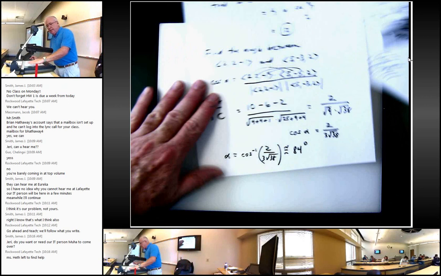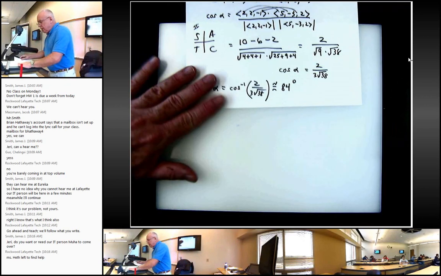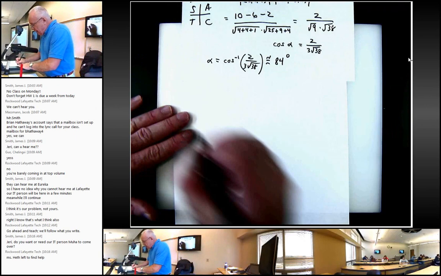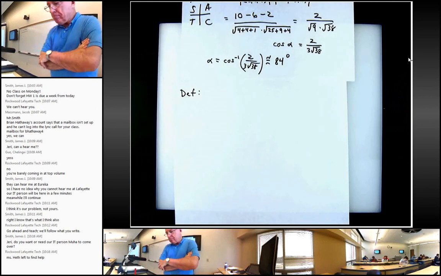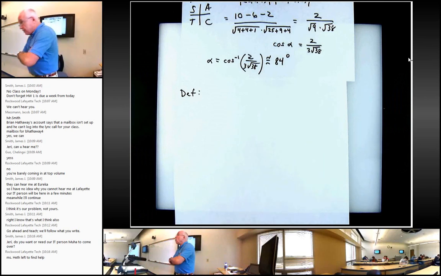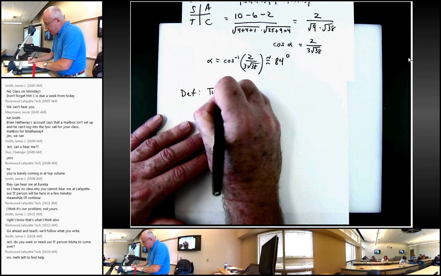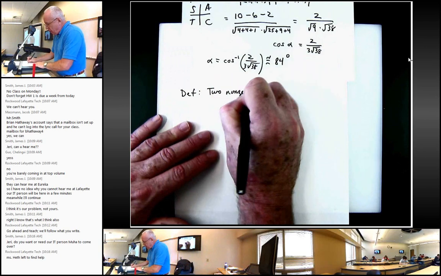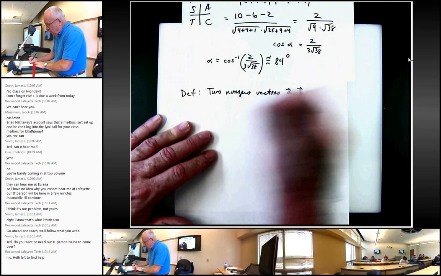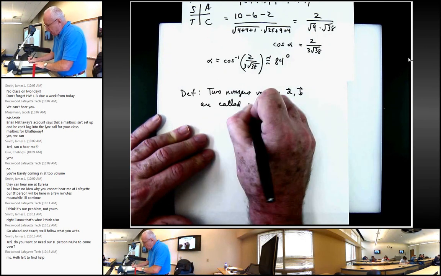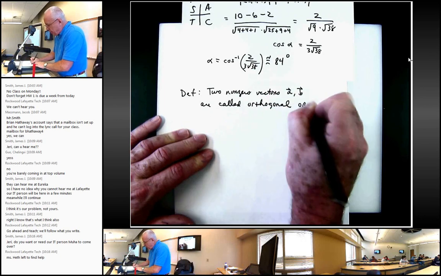What I want to come up with next then is an important concept that we're going to be using a lot of, at least initially here, and that's the definition of perpendicular or orthogonal vectors. So let me put this down here. Two non-zero vectors, A and B, are called orthogonal or perpendicular.